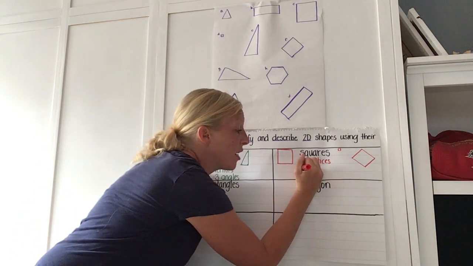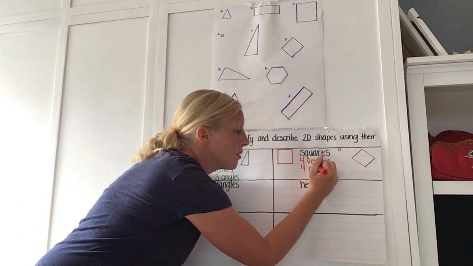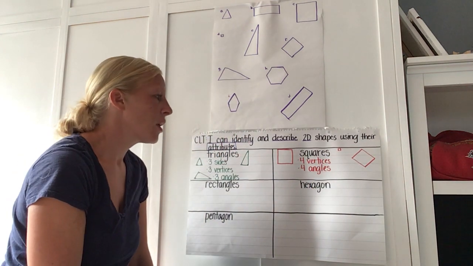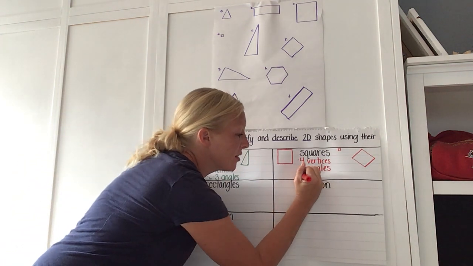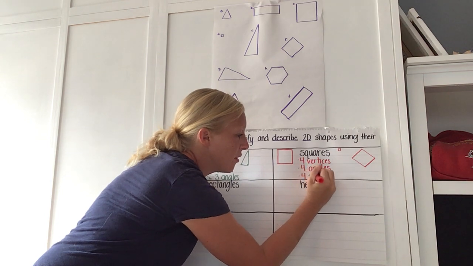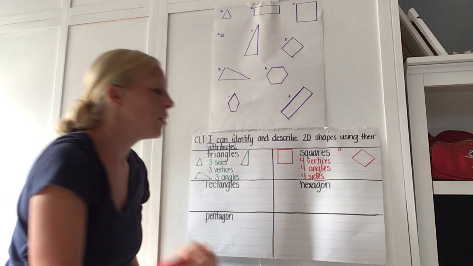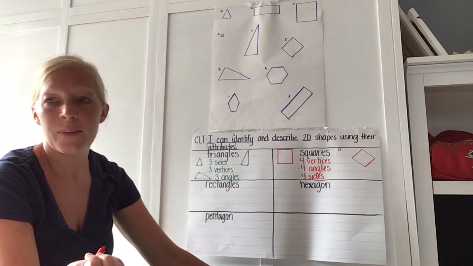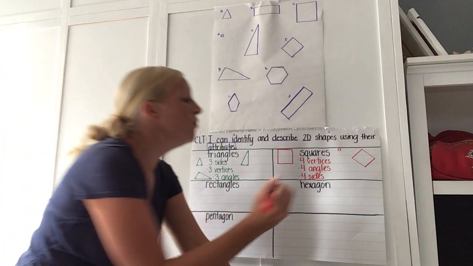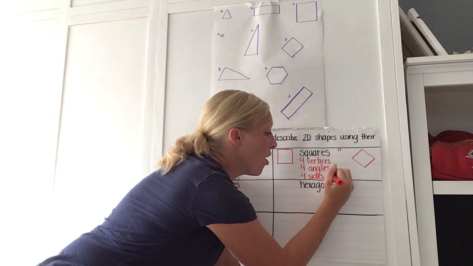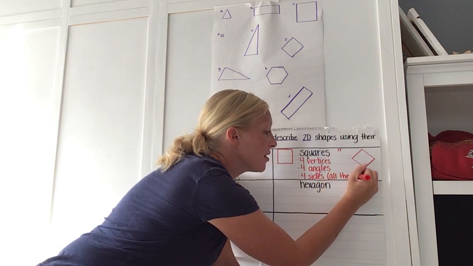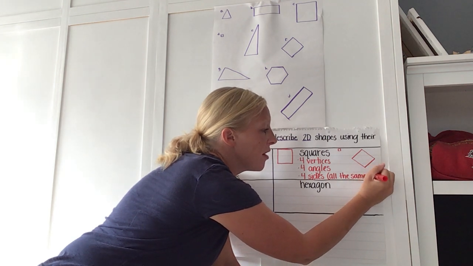It does have 4 angles. It has 4 sides. What do we know about a square's sides? They're all the same length.